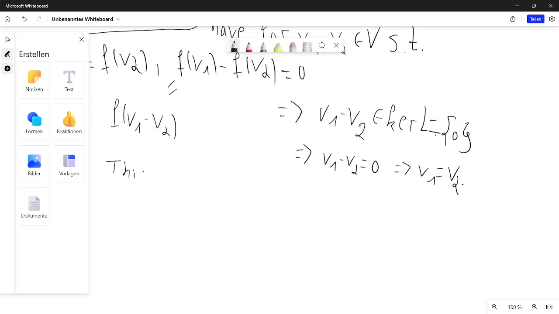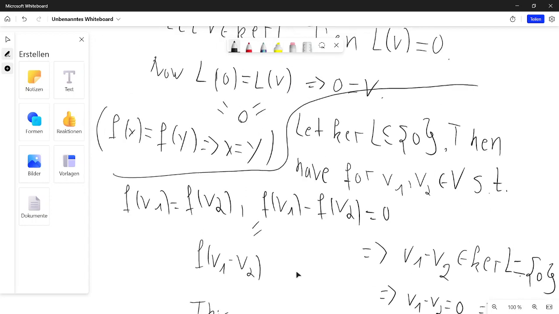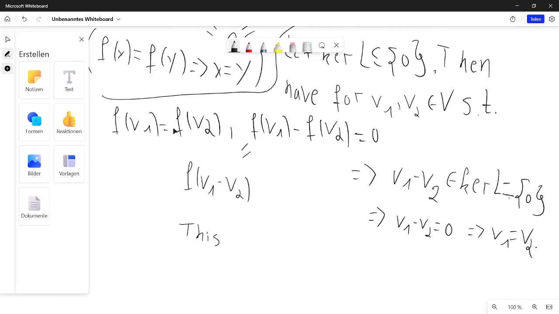This proves actually, f is supposed to be L, of course. Yeah, right. We don't have any f. That's L, L, L, right.